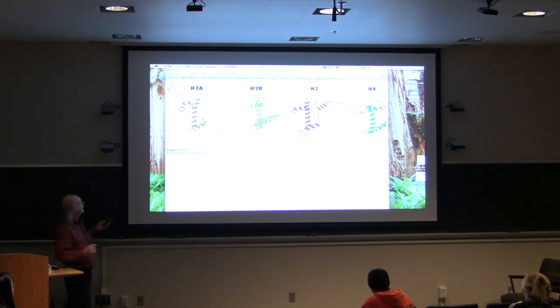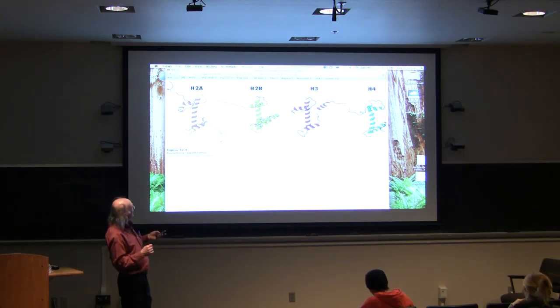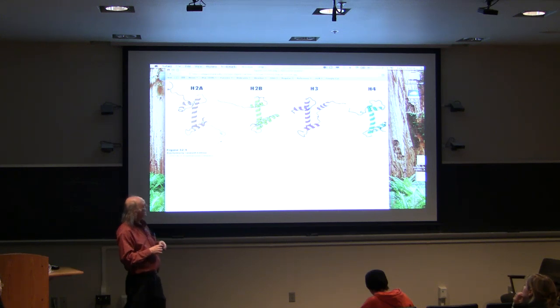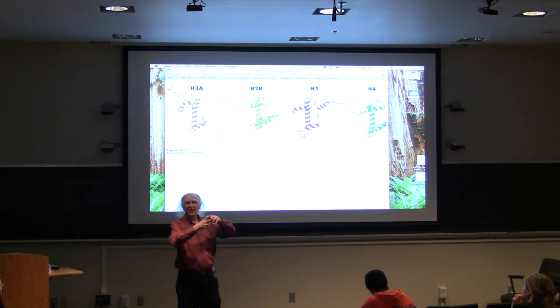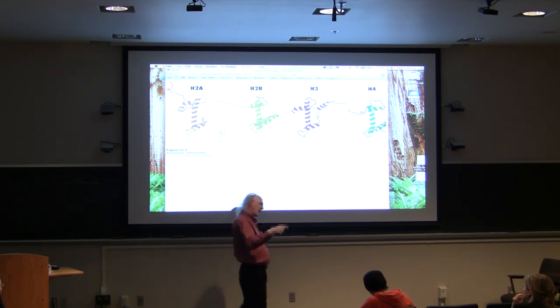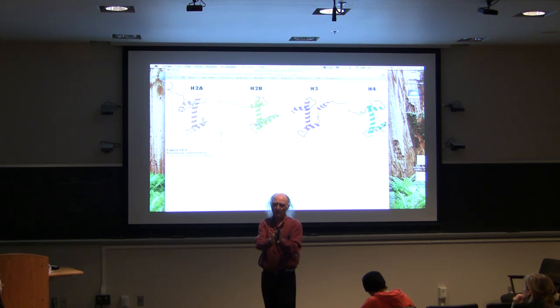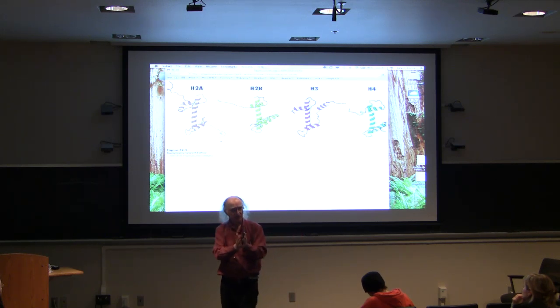They're called H2A, H2B, H3, and H4. The structural similarity between these, I think, is rather striking, and they mesh together very nicely. Now, the wrapping of the DNA around these makes the DNA more compact in size, which allows it to fit into the nucleus.